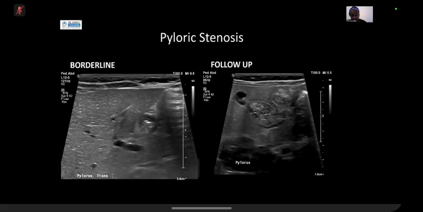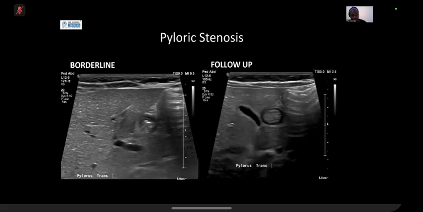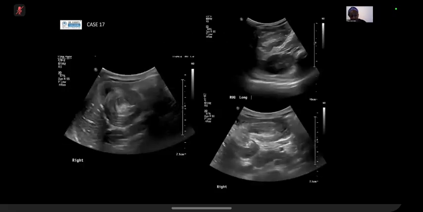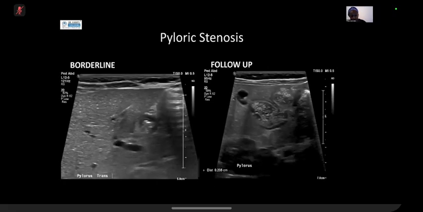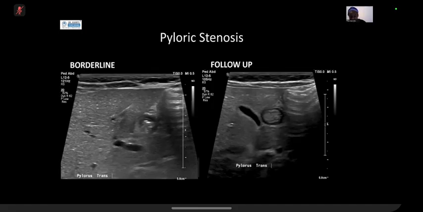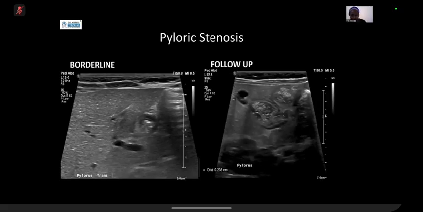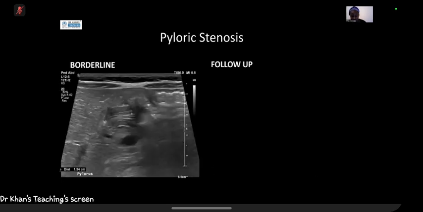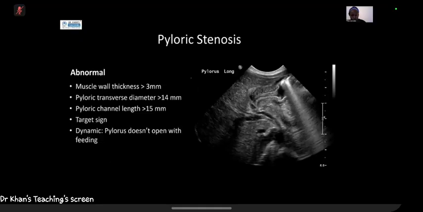When should we give pylorospasm as a differential diagnosis? I would suggest any ones where the pylorus is starting to measure at the upper limit of normal for single wall thickness. So once it's getting over 2.5, coming to 3 millimeters, it's not abnormal enough to call a definite pyloric stenosis. But in my report, I would say this is measuring towards the upper limit of normal.